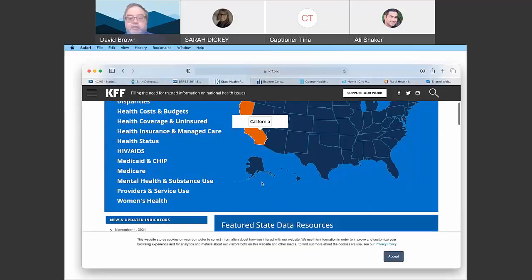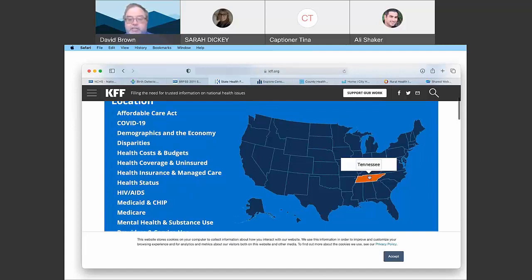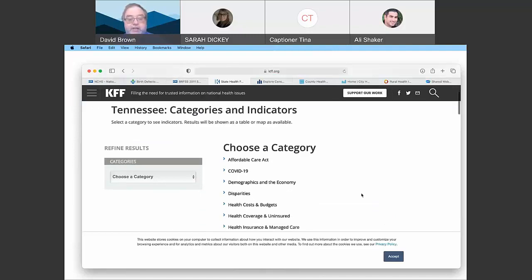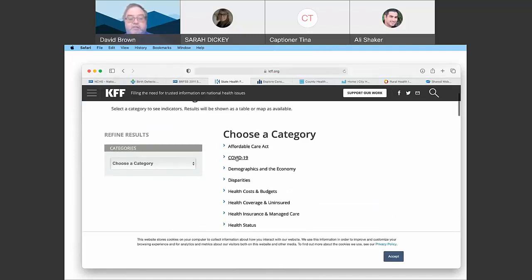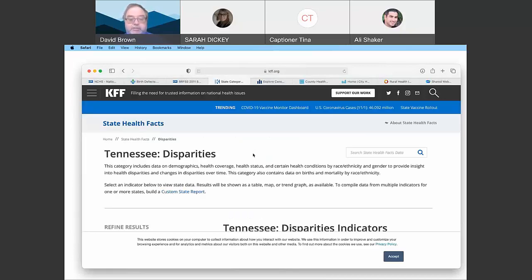So again, if we're looking at a specific state, let's just hypothetically choose Tennessee. Here, you can get different issues, specifically on COVID, Affordable Care Act, disparities, health costs. So if we want to look at disparities, we can pull this up.